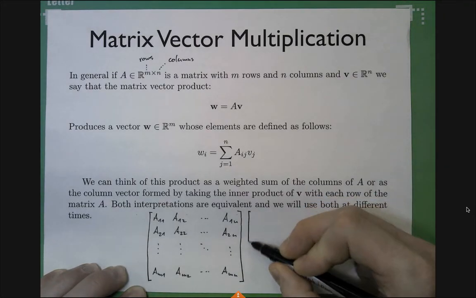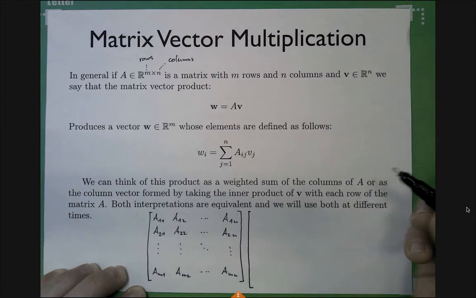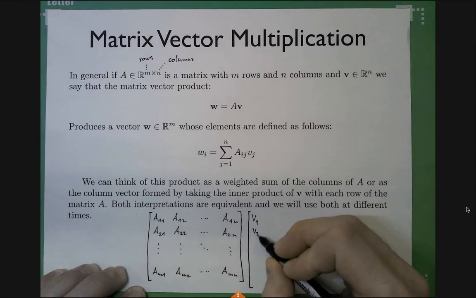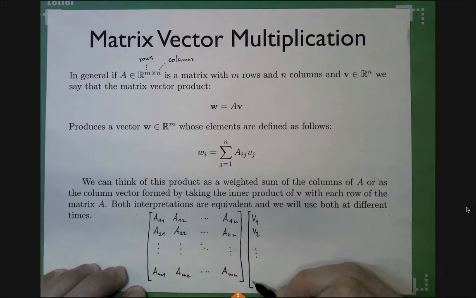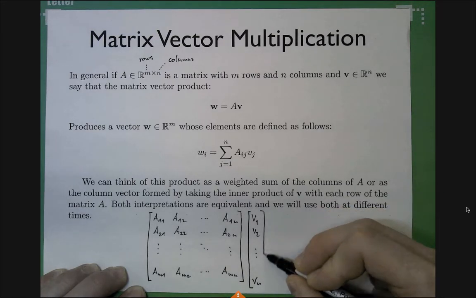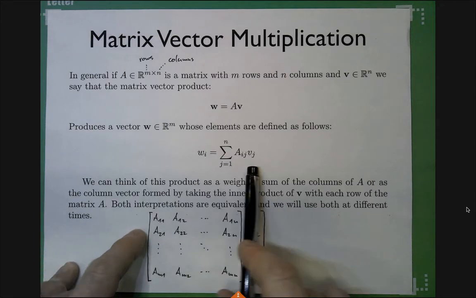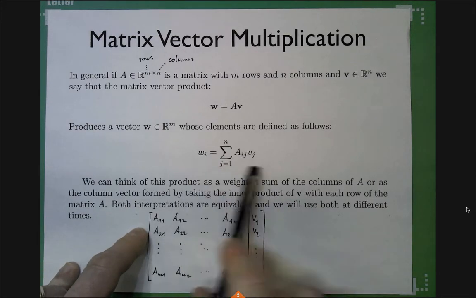And the matrix vector multiplication looks like this. So the vector has coordinates, or components, v1, v2 up to vn. Always gotta be careful what is there. And now, what does this mean?